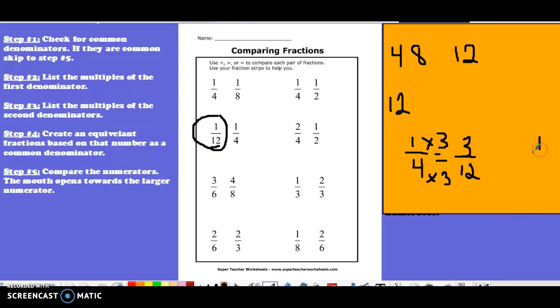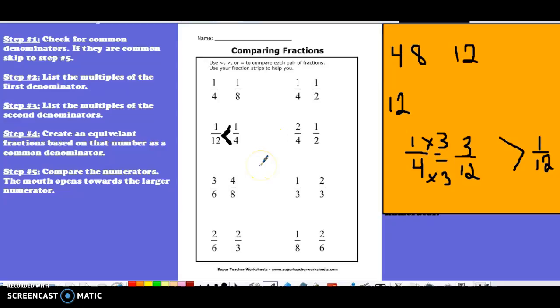In this case, I'm ready for step 5, because step 5 tells me once I have equivalent fractions, I'm good to compare the numerators and see which number is actually larger. So as I look, is 3/12 larger than 1/12? It certainly is, which then also tells me that 1/4 is larger than 1/12.